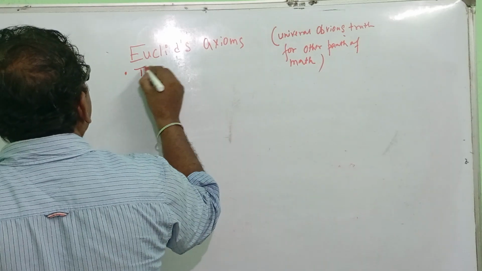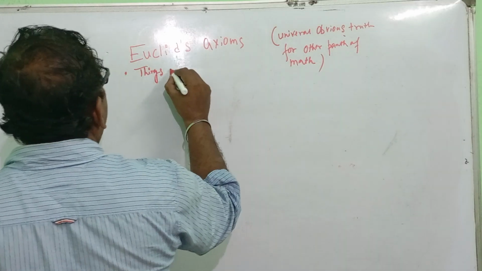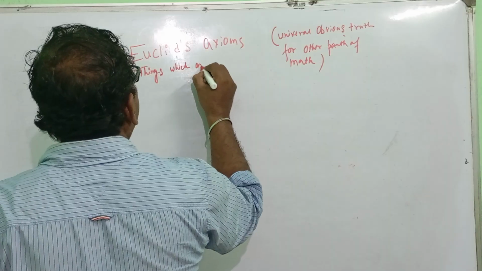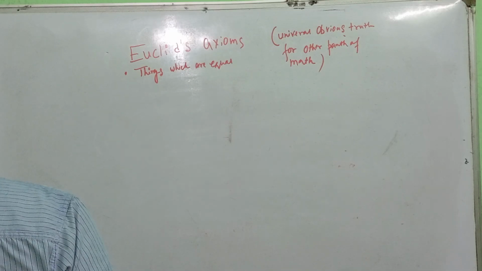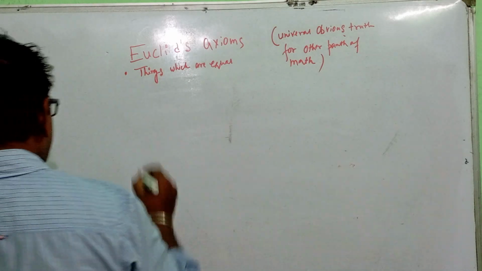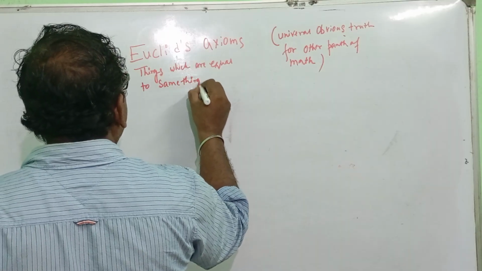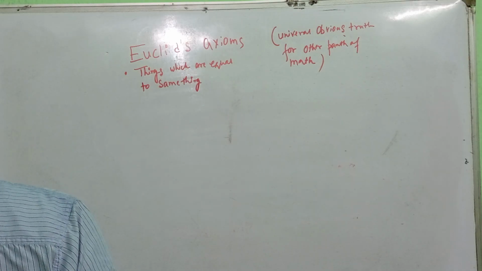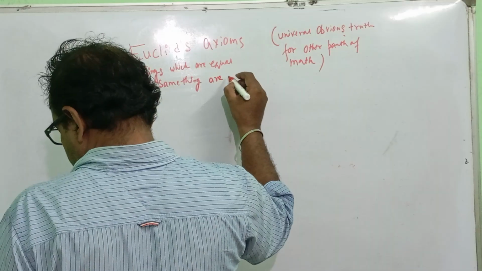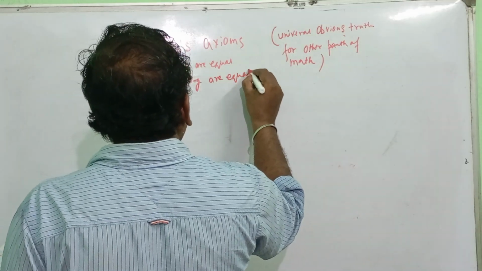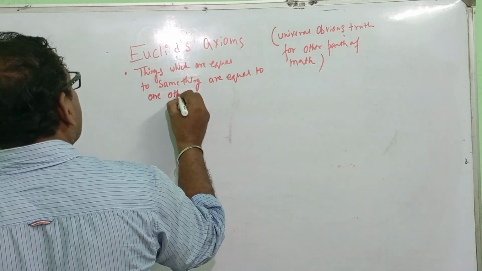Number 1: things which are equal to the same thing are equal to one other.